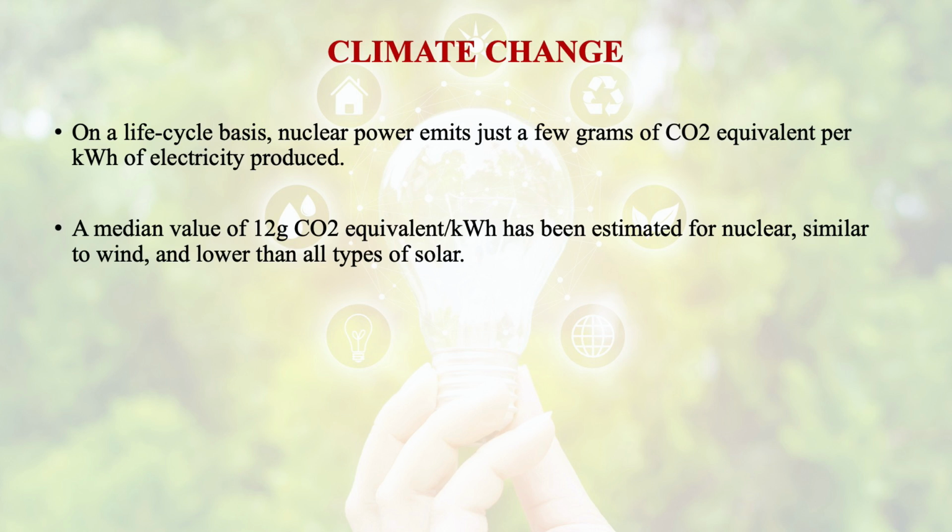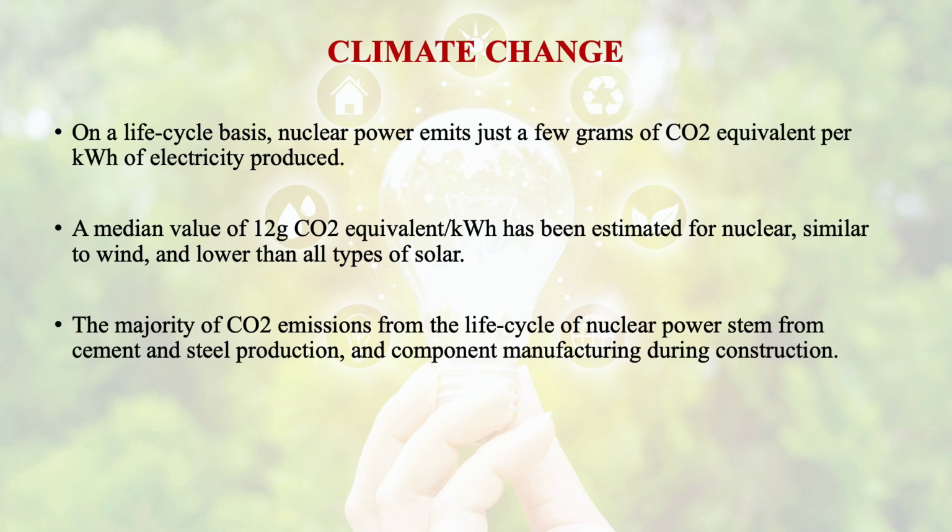A value of 12 grams carbon dioxide equivalent per kilowatt hour has been estimated for nuclear, similar to wind and lower than all types of fuel. The majority of the carbon dioxide emission in the life cycle analysis of nuclear power plants stems from cement and steel production and component manufacturing during construction.